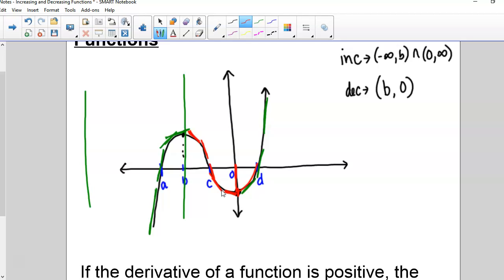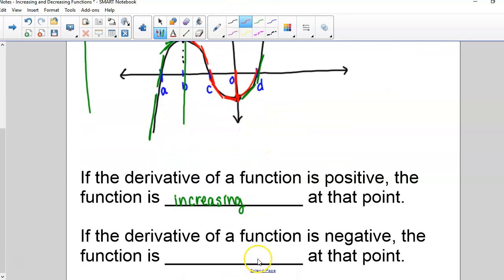They're negative, right? Because you have decreasing lines for all of those, which makes the slope negative. So if the derivative of a function is negative, the function is decreasing at that point.